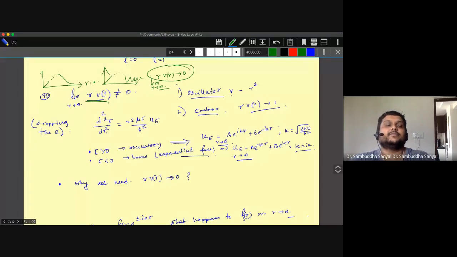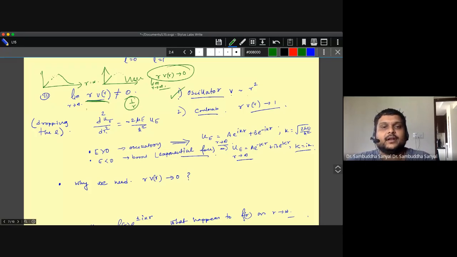But then there is of course another very interesting class of problem where this doesn't go to 0 at r going to infinity, and the most famous example is the Coulomb potential or anything slower than that. Even an oscillator like the simple harmonic oscillator is like that, and in these kinds of cases you cannot immediately predict what is going to be the structure of the solution.